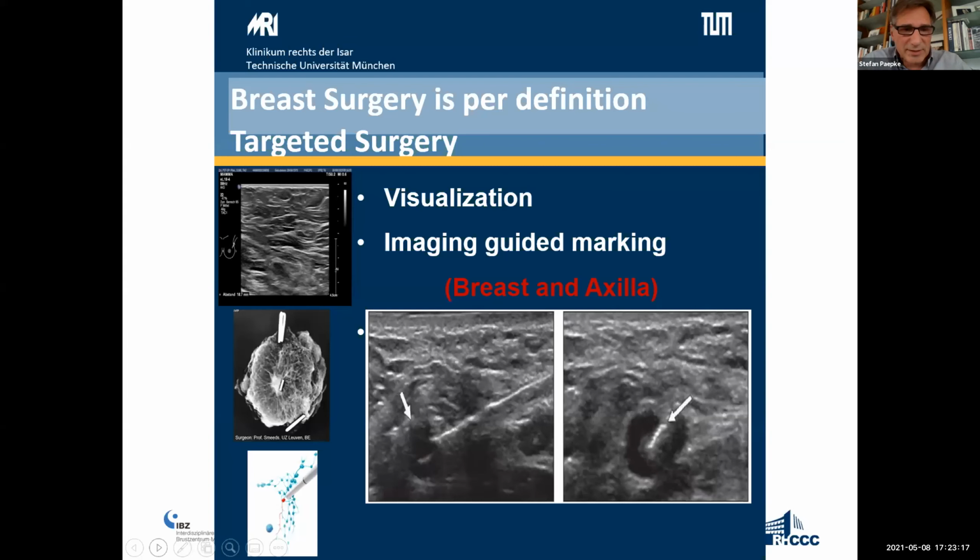What we established is the MACU system in patients in whom we do the biopsy for taking the tumor biology. The second step is to place a clip or a seed, and the same thing is done for the axilla.